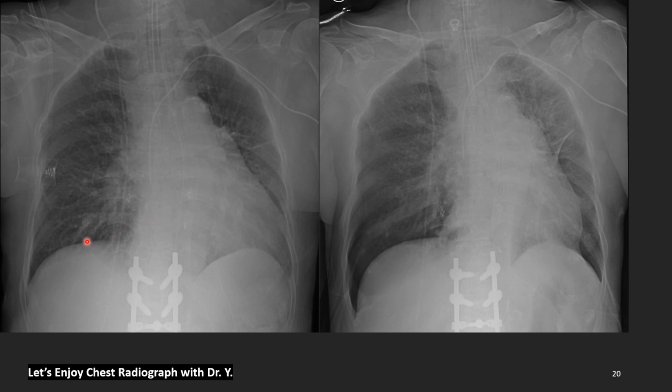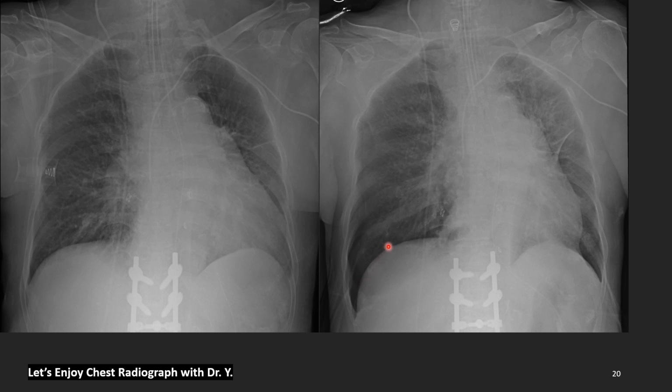This film on the left side shows no deep sulcus sign, without pneumothorax, but the next day film shows the deep sulcus sign: darker, deeper, black, and deep sulcus here with a more evident diaphragmatic margin, and no pneumothorax is visualized at the apex. As I've told you before, that's why gravity is important.